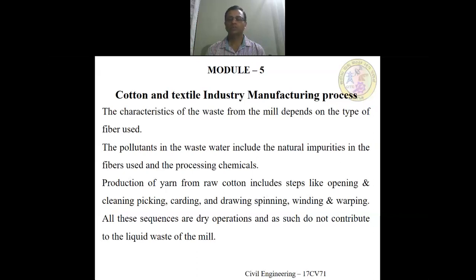So the process includes collecting the cotton, removing the unwanted materials, cleaning, spinning into a small thread and wrapping. All these sequences are dry operations and as such do not contribute to the liquid waste of the mill.